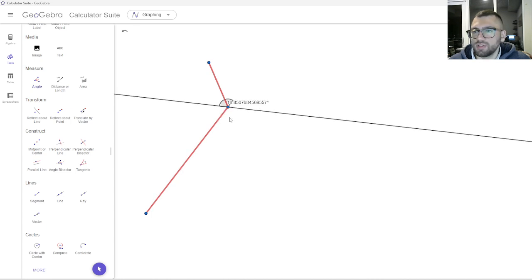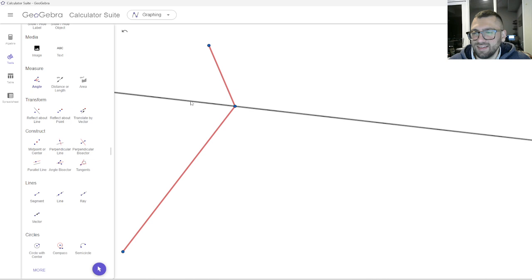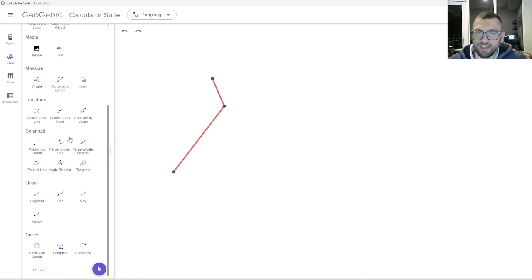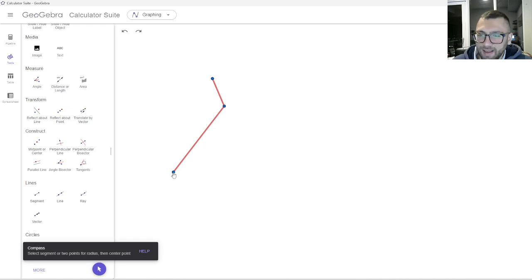Maybe I don't know how to use GeoGebra's angle measurement tool. If you do 241 minus 128, you get about 60-ish, so I think I divided it into halves. I'll let you verify that. I don't know why the angle thing isn't really working, but that's okay. I'll show you how to do it mathematically.